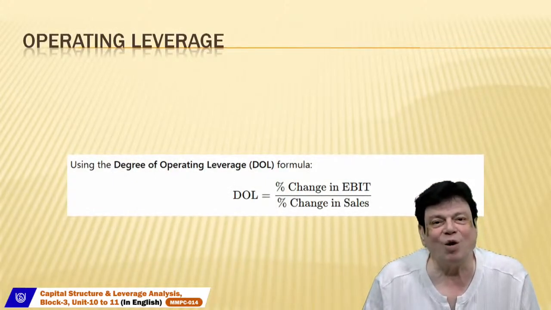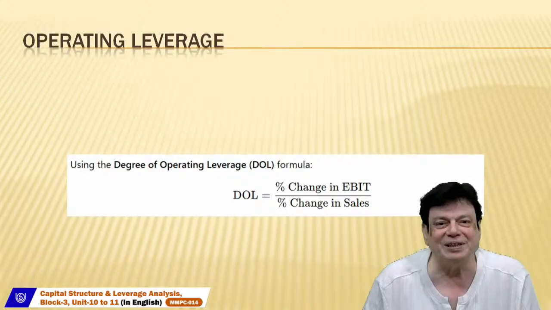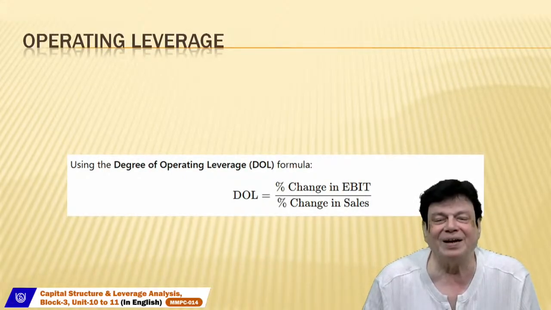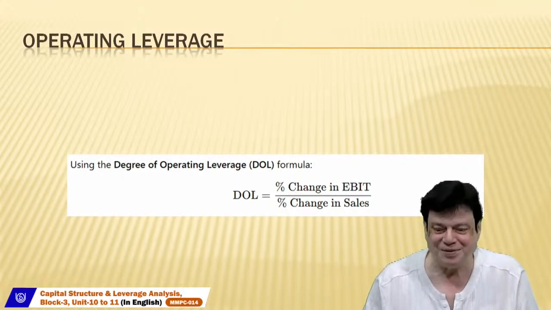Using the degree of operating leverage formula, degree of operating leverage is equal to percentage change in earnings before interest and tax divided by percentage change in sales.